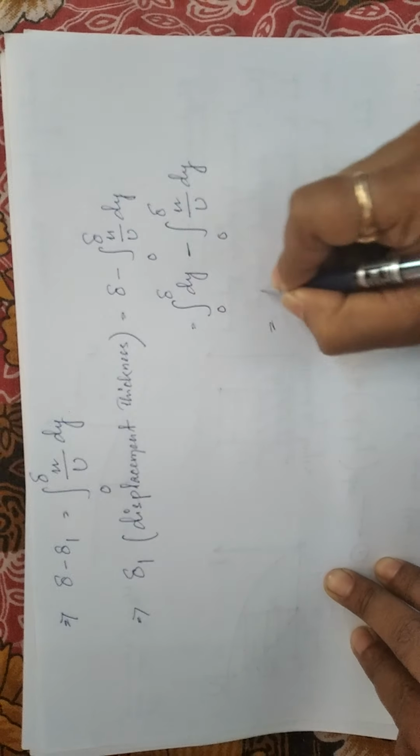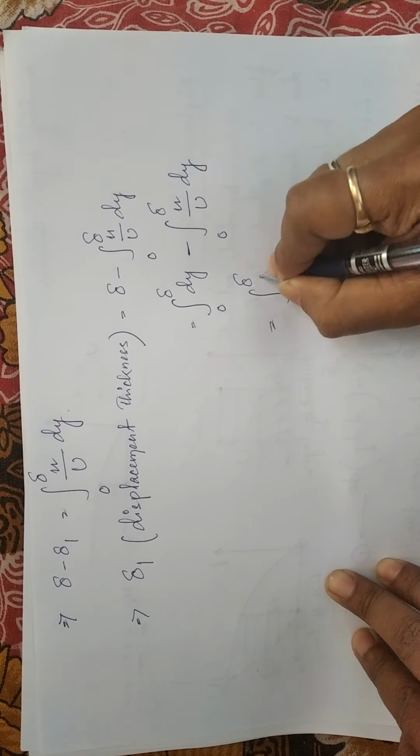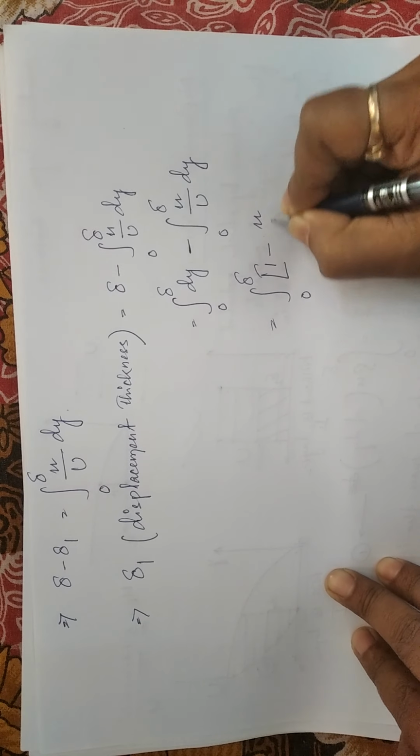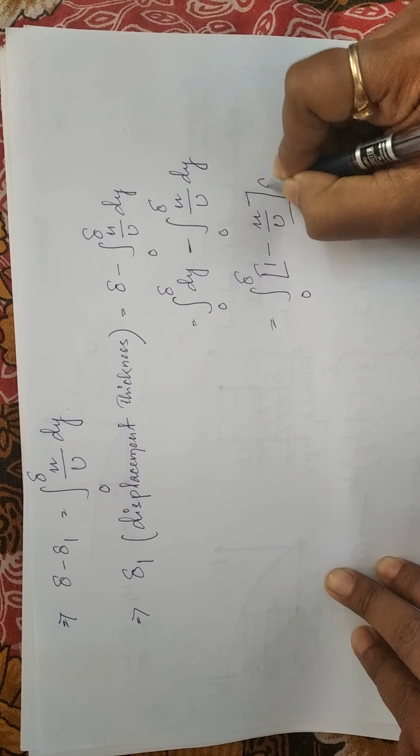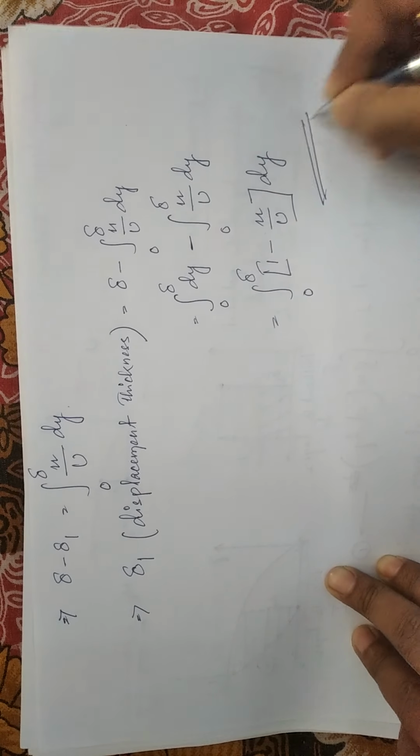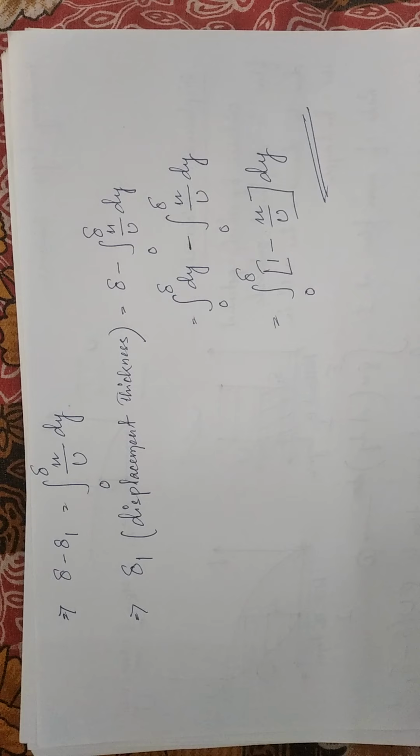So this is the integral from 0 to delta of (1 minus small u by capital U) dy. So this is the expression for your displacement thickness.